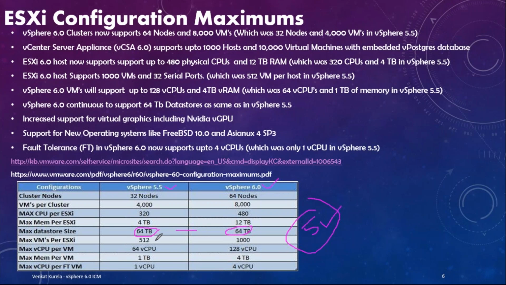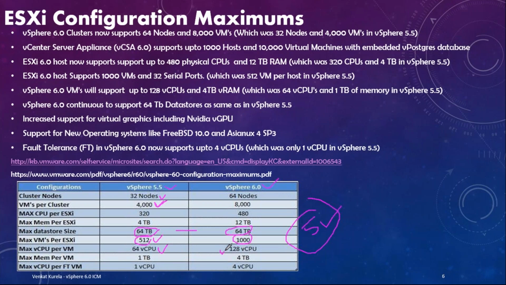Okay, and then for maximum virtual machines on a single ESX server, you can have 512 virtual machines here, and here 1000 virtual machines per ESX server. Don't get confused, guys. This is 4000 virtual machines per cluster. In a cluster you can have 32 nodes, so 4000 virtual machines per cluster and 512 virtual machines per ESX server, and each virtual machine can have 64 virtual CPUs.